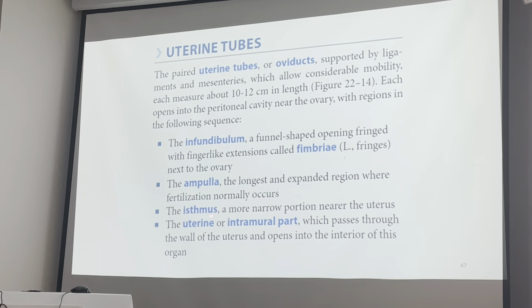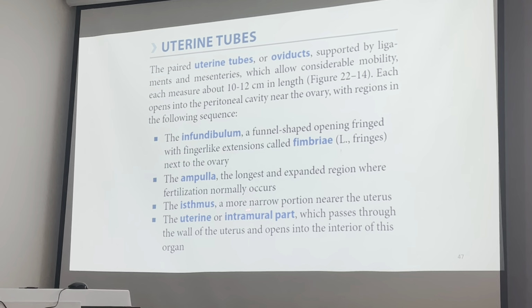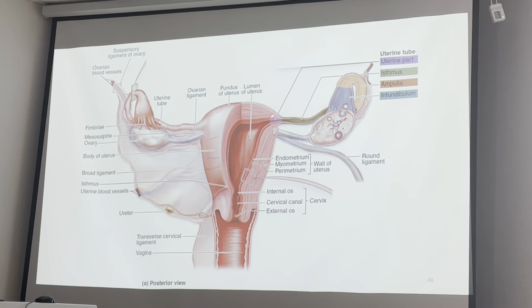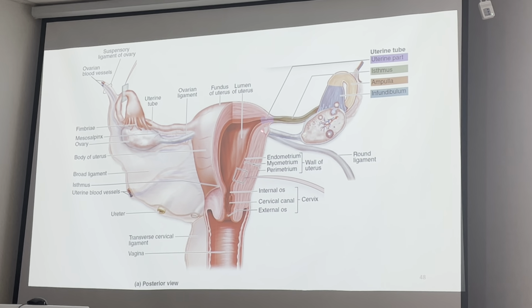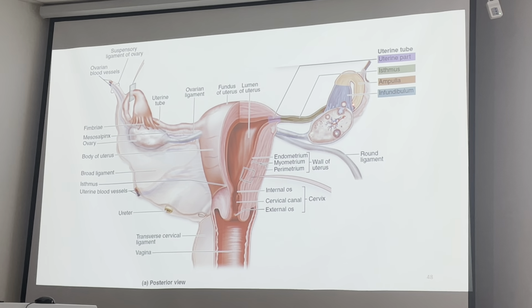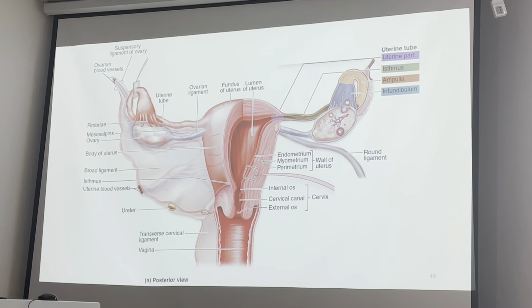And also we have the isthmus, and the intramural part, which is present in the inner side of the uterus wall. Here is our intramural part, here is our isthmus, this part is the ampulla, and here you can see the infundibulum.